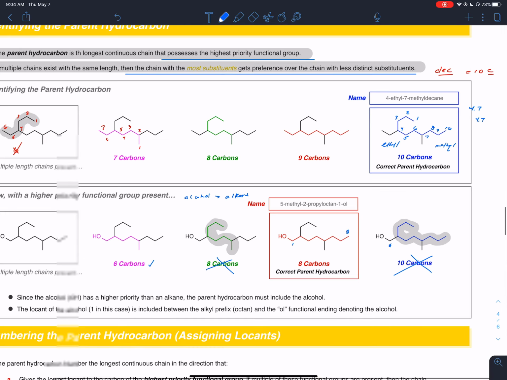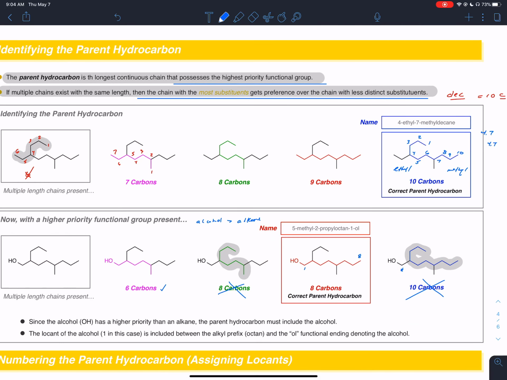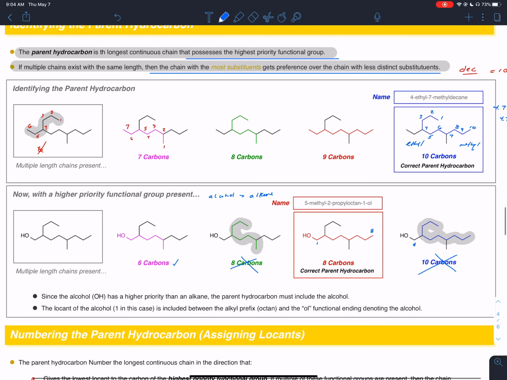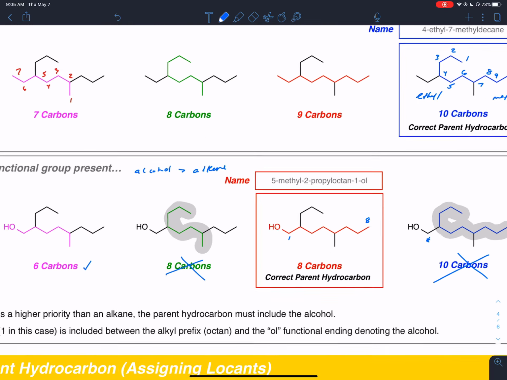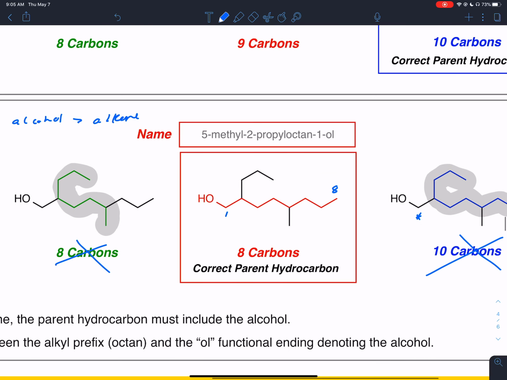So again, it's really crucial. The parent hydrocarbon is the longest continuous chain that possesses the highest priority functional group. Most resources will not say that right off the bat when you learn IUPAC nomenclature, and you'll have to adapt to it later. I like to teach that right away so that you're always saying, what is the highest priority functional group? And what is the longest continuous chain that possesses that highest priority functional group?